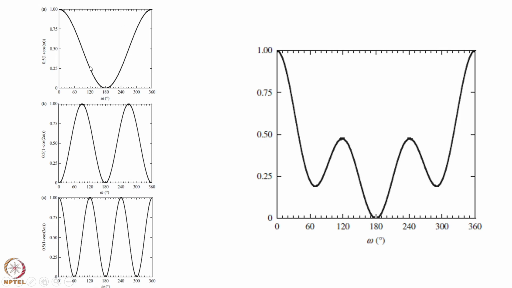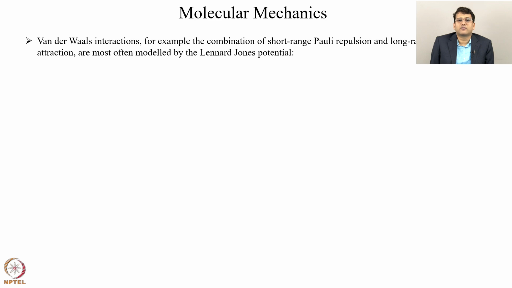So, if I combine this one with this one, this is where I will get the thing. In case of 120 degrees, this one is lower and this one is higher. So, if I take a combination, this is how the potential looks. This is the overall form of the potential in the case of a torsion for dihedrals.